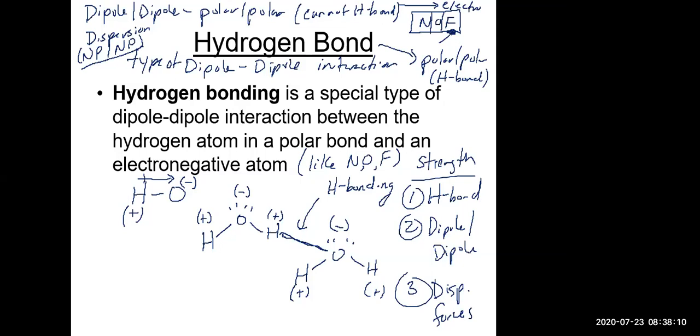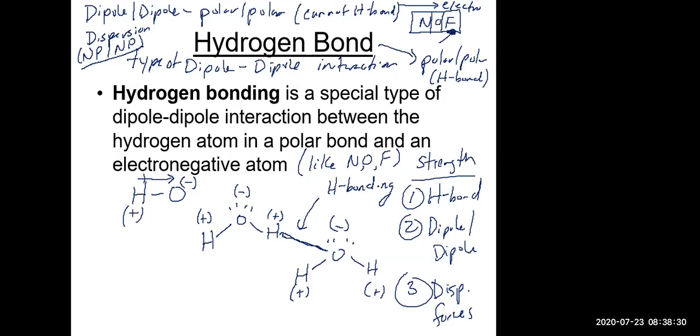That hydrogen bond is a very strong intermolecular force, which means it's going to hold one molecule together with another relatively strongly, and that means it's going to take more energy to break it apart into its gas phase.